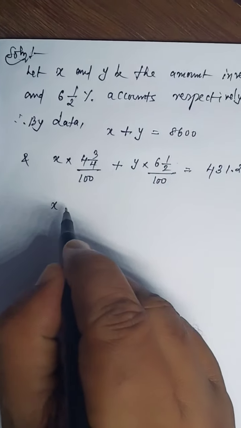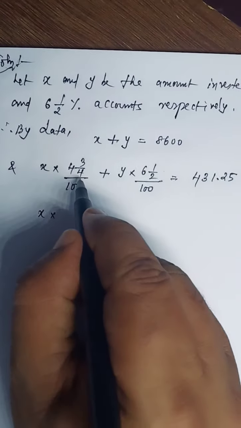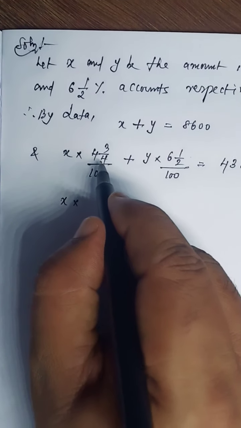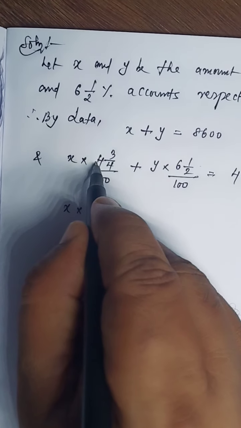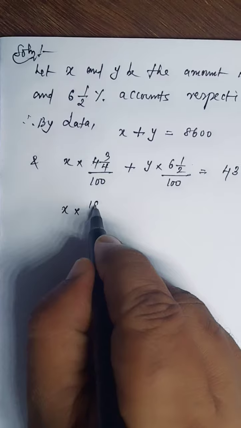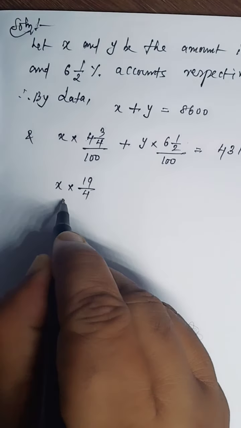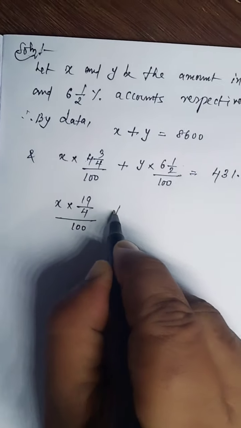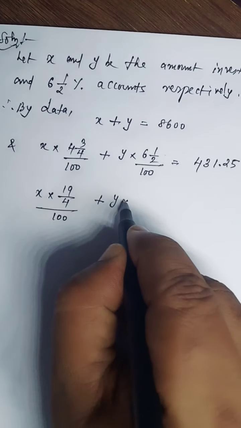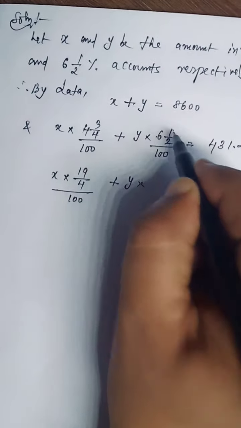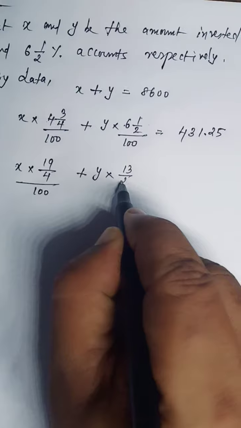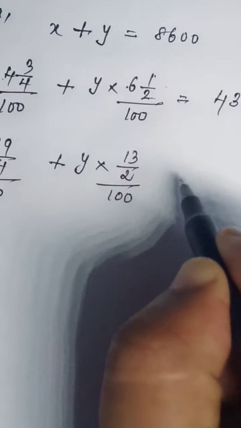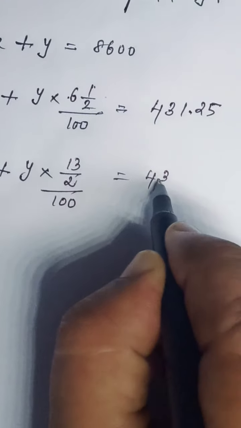X into, it is a mixed fraction, we have to change into improper fraction. 4 4s are 16, 16 plus 3, 19/4 by 100 plus y into 6 2s are 12 plus 1, 13/2 by 100, that is equal to 431.25.